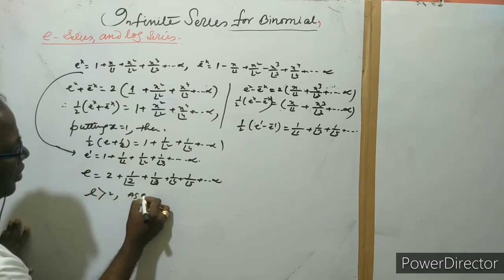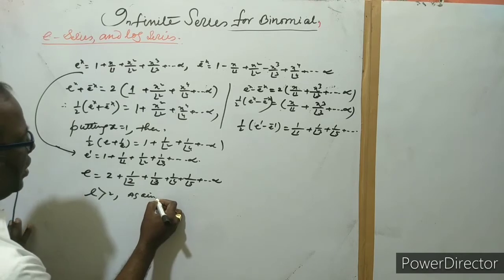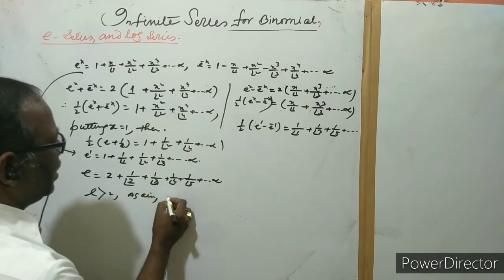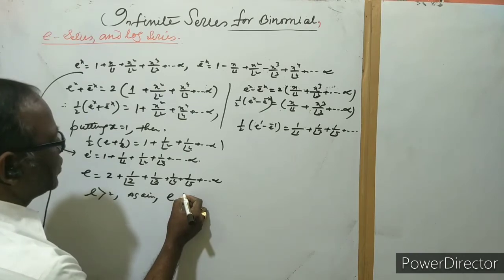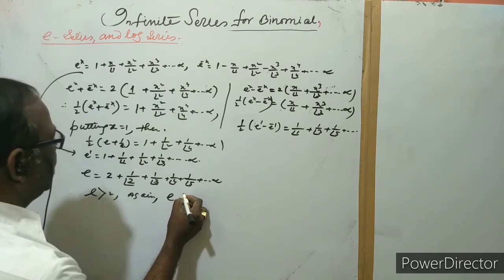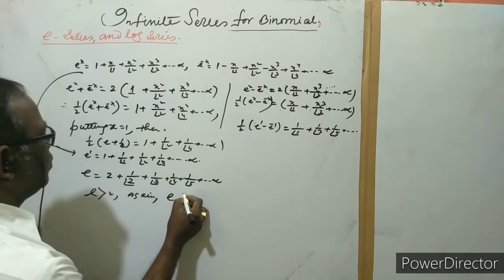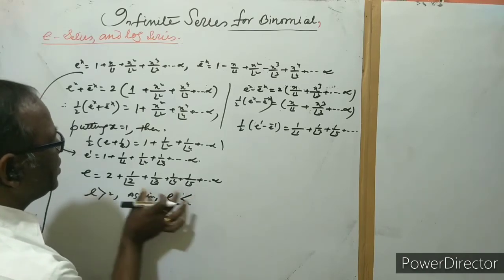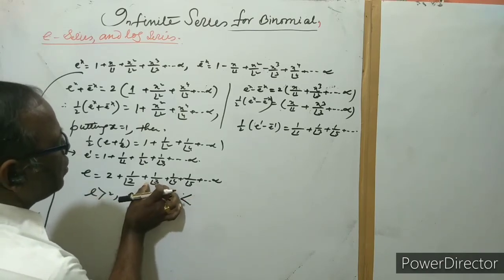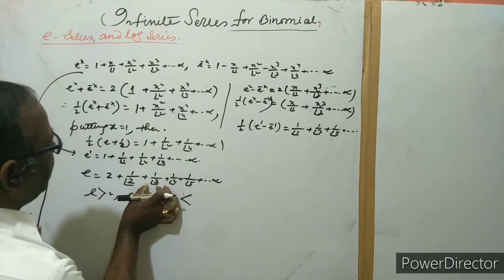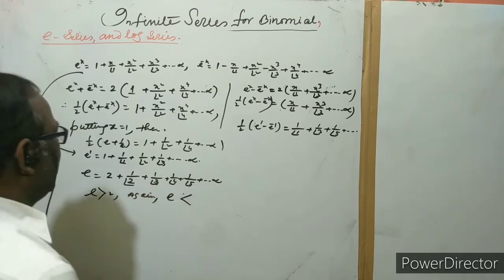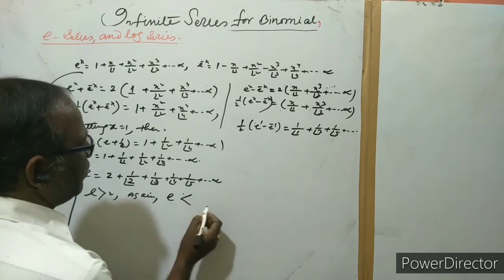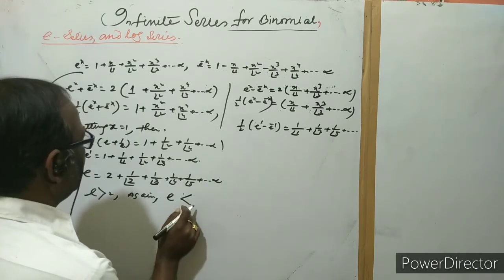Again we can write e is equal to this; this is more than 2 and this is less than something. It means I have introduced some value here, and I hope these terms are more than that value. That's why we apply less than.